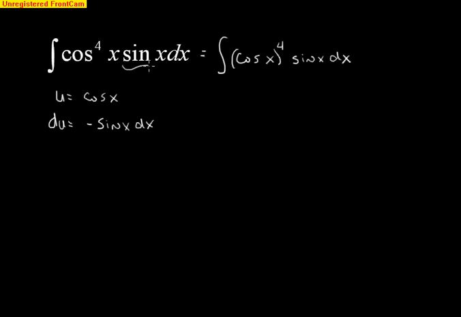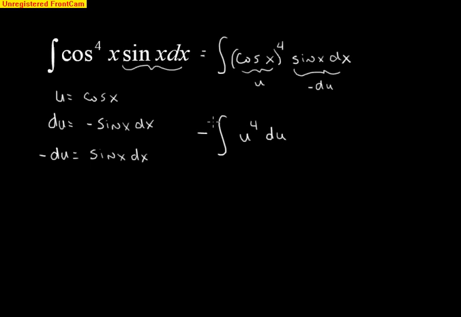Now I have sine x dx right here, but I have a negative, so my little adjustment is going to be a negative du equaling sine x dx. So now for my new integral, with this being the U and this being a negative du, the negative comes out front, so I'll have a negative integral of U to the 4th du. And again, the reason why we do U substitution is that we go from really complex to really simple.